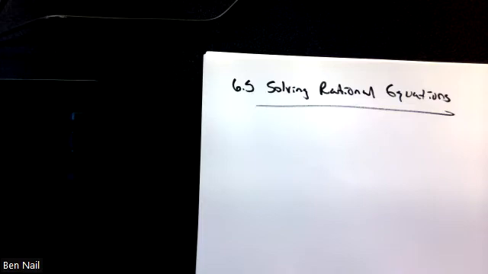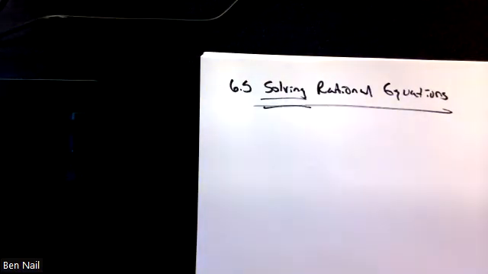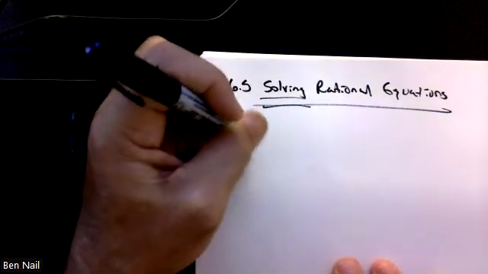Simplifying was a lot of canceling, factoring, finding stuff that cancels out, ending up with some fractional expression answer. 6.5 is all about solving. So some of the stuff we're going to do here looks kind of similar, but don't forget there's a difference between solving and simplifying. When it comes to solving, again, we're looking for a solution for x that will make this work.